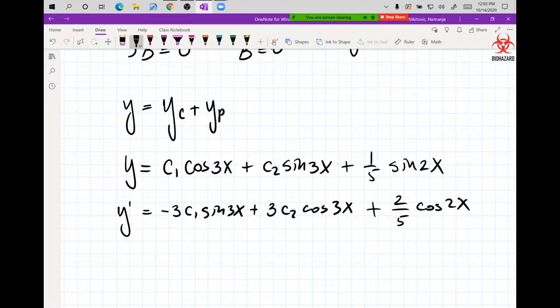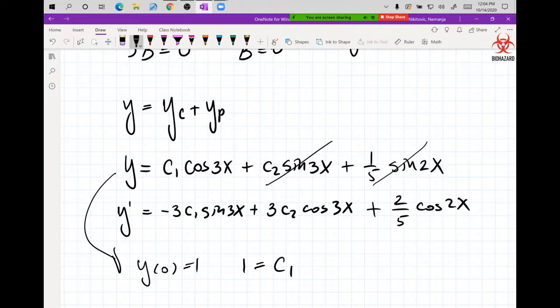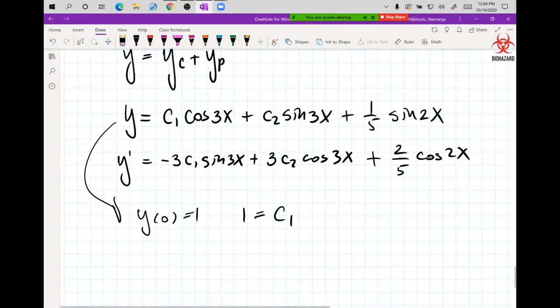So now I have my y of 0 was 1. So for this equation, y of 0 is 1. So 1 is equal to C1 survives, C2 dies because sine of 0 is 0, and this term dies as well. So we just got that C1 is 1. Awesome.